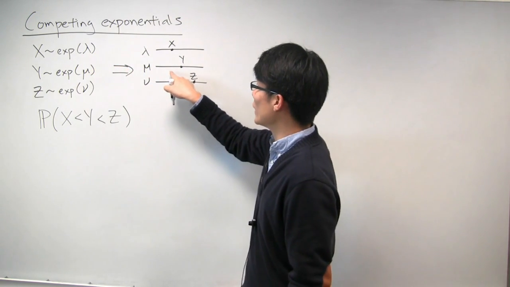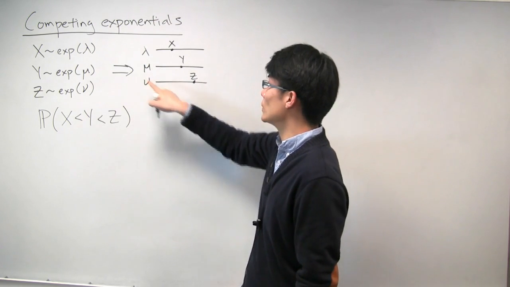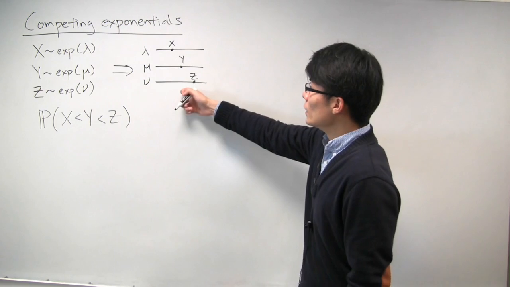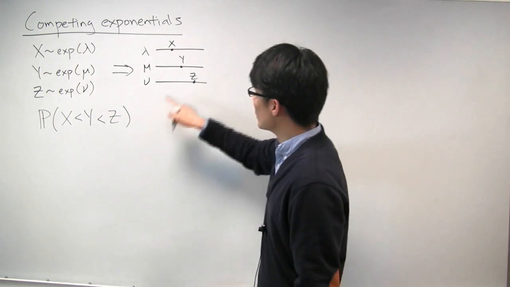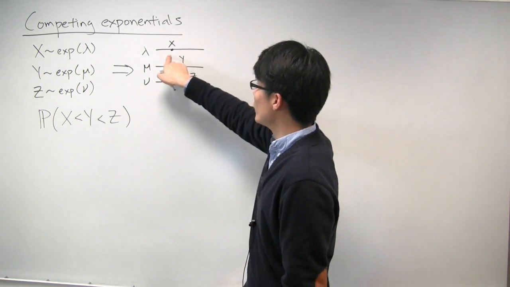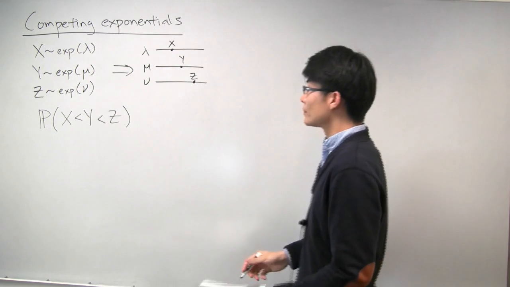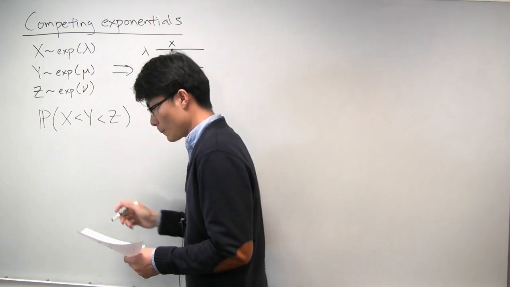The same for Y with mu, and for Z with nu. In that interpretation, X less than Y less than Z is a race: X finishes first, followed by Y, and then Z comes in last. So let's see if we can calculate this probability.